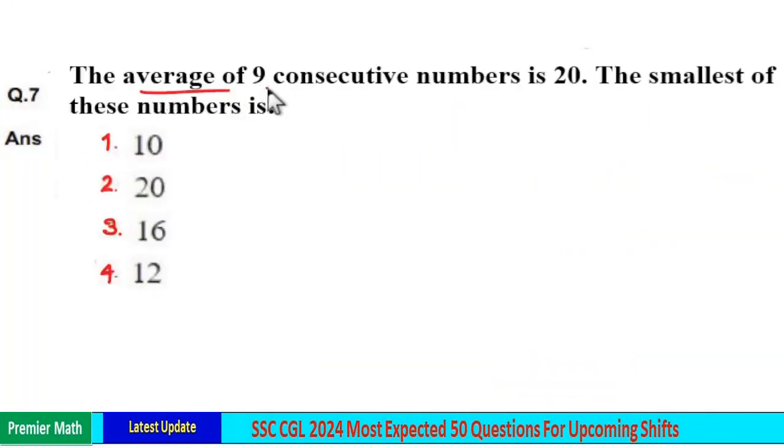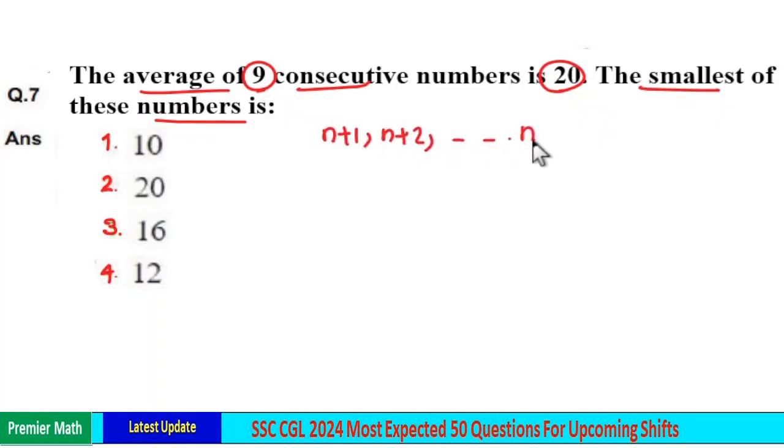The average of 9 consecutive numbers is 20. The smallest of these numbers is, consider 9 numbers are n plus 1, n plus 2, etc. up to n plus 9. Now, sum of these numbers means total 9n plus 1 to 9 sum is equal to 9 into 8, 72 divided by 2, 36.